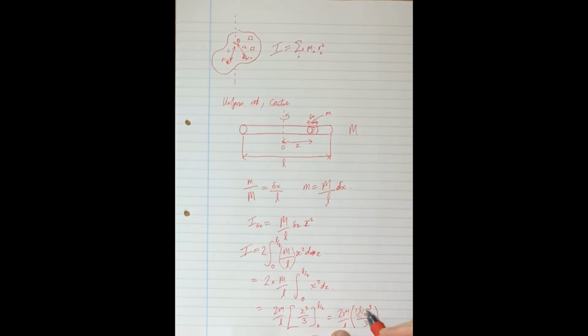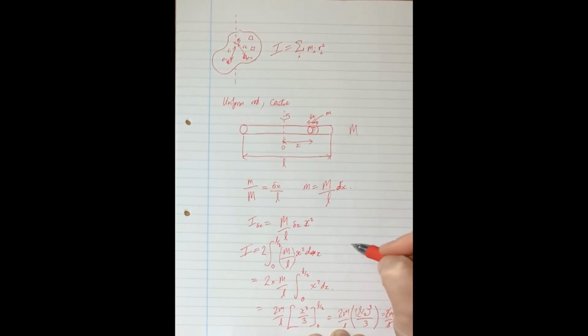And then what we come out with is L cubed over 8 over 3, which is then 2M over L times L cubed over 24. Then we can cancel the L top and bottom, and we can cancel a 2 down here to a 12.